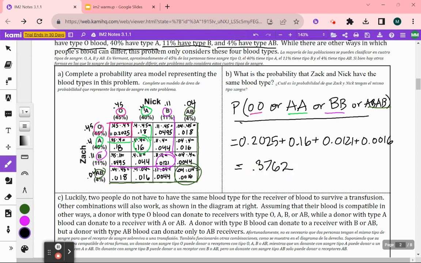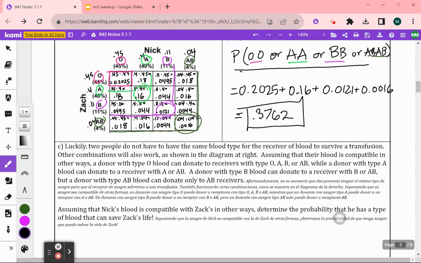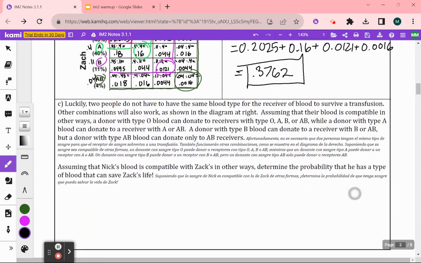And that seems like it's the final answer because technically probability is a number between 0 and 1. So that's it. If we had asked for the percent, well, this isn't a percent, this is a probability. So it should be a number between 0 and 1. That's why it's not 37.62%, but it is 0.3762 as a probability.